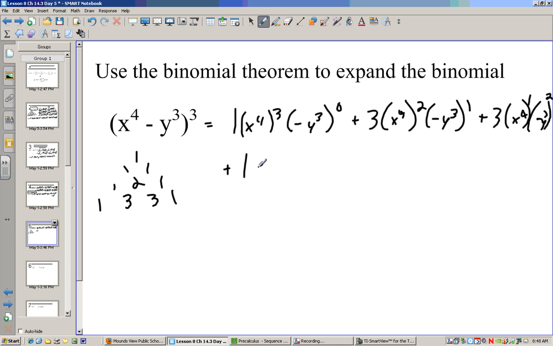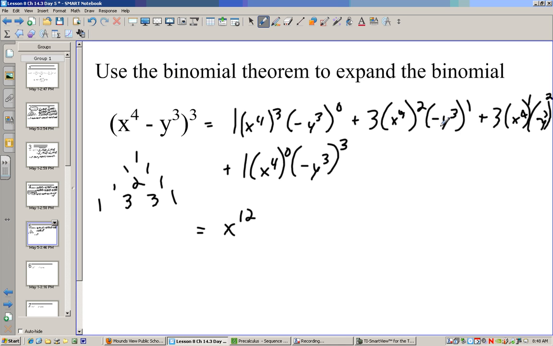And then finally plus 1 x to the 4th to the 0 times negative y to the 3rd to the 3rd. All right, so when we multiply this all out, this would be 1 times 1, and this would be x to the 12th.